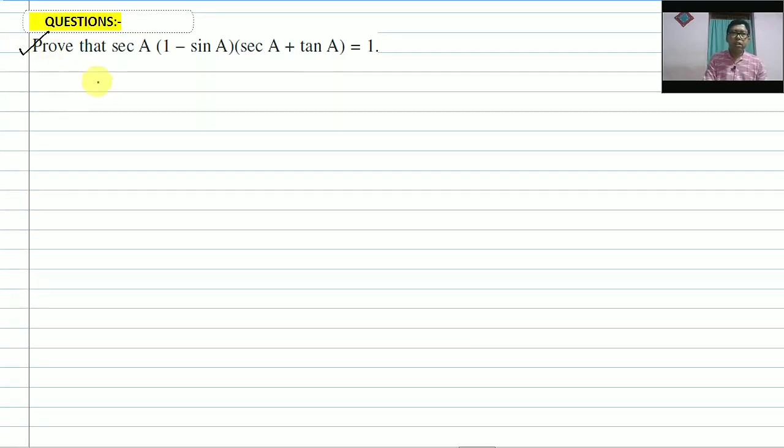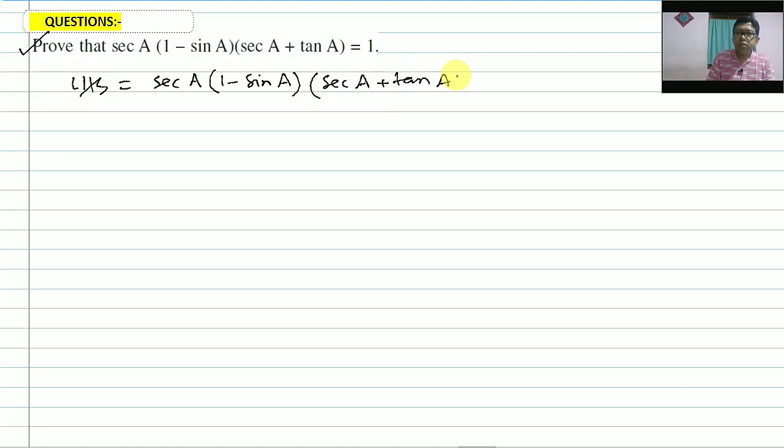Prove that sec of a into 1 minus sin of a, whole into sec a plus tan of a is equal to 1. So it's LHS. LHS is equal to sec of a into 1 minus sin of a, whole into sec of a plus tan of a. So you can write sec of a as 1 upon cos of a, and as usual 1 minus sin of a.